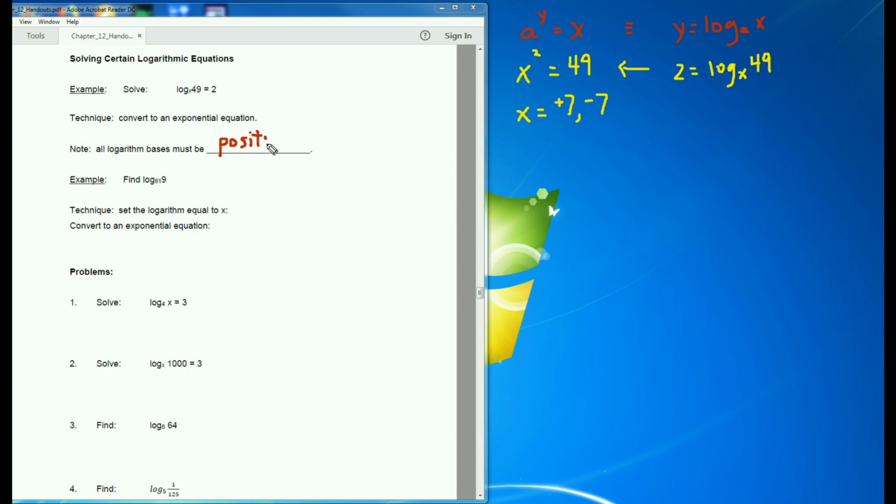A logarithm with a negative base is just not defined if you look back at the definition of it. And that's where x started, as the base of the logarithm. So therefore, it's not possible for x to equal -7. So therefore, the only solution that is possible is that x equals 7.